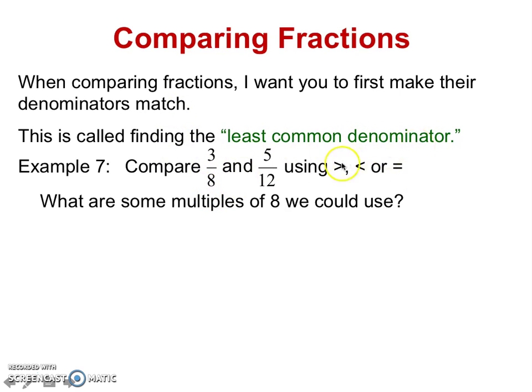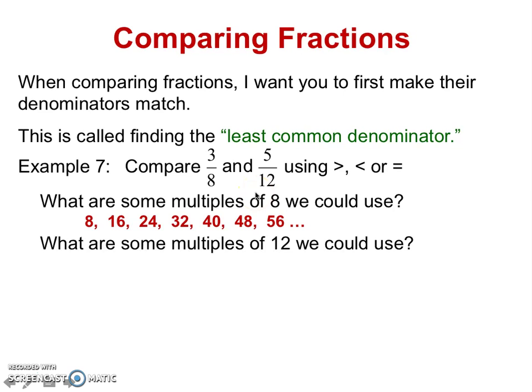It's right there, denominator. Multiples of 8 are 8, 16, 24, 32, 40, 48, 56, and it just goes on and on. I'm counting by 8s. And then I'm going to look at my other denominator, my 12, and find some multiples of 12. So 12, 24, 36, 48, 60, and on and on and on.